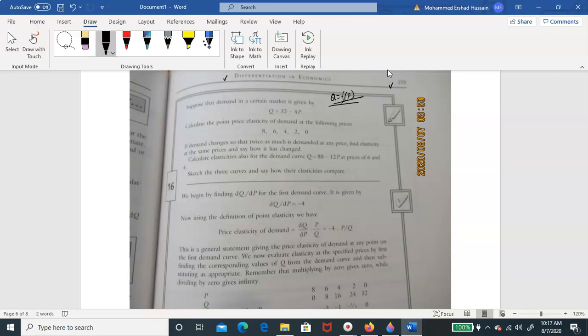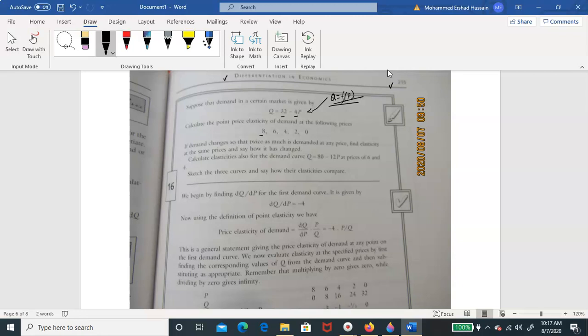For the law of demand, if price increases, quantity demanded will decrease, and vice versa. Now 32 is the intercept and minus 4 is the slope. They are asking us to calculate the point elasticity of demand at the following prices. When p equals 8, what will be the price elasticity of demand?